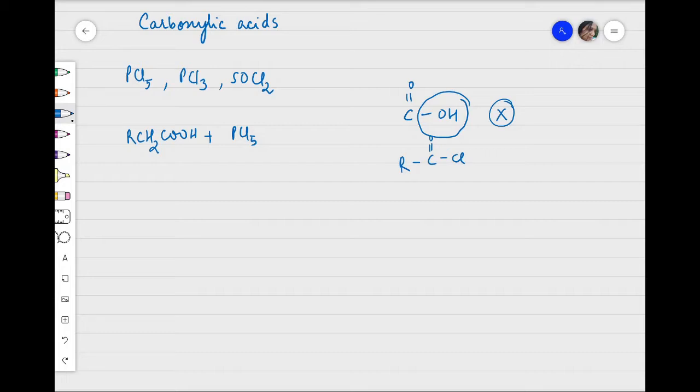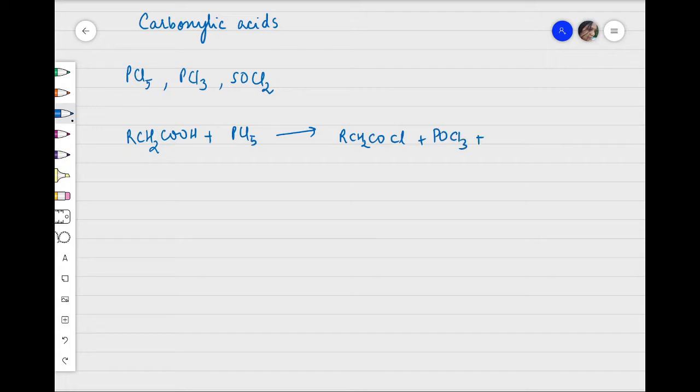So let's see how the reaction with PCl5 will be. I will get RCH2COCl plus POCl3 plus HCl. So here this is my acid chloride.